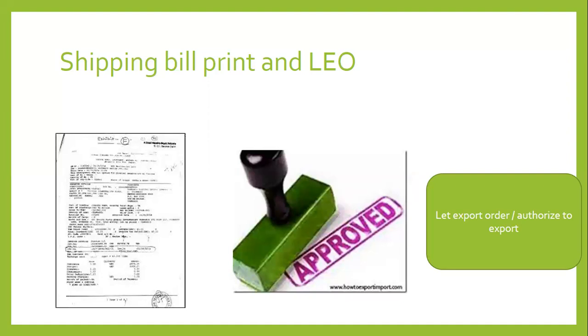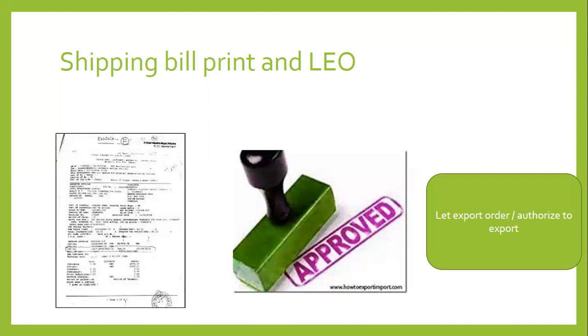Once you receive the Let Export Order, the LEO copy, from customs, you are fully authorized to export the goods. Before LEO, you are not legally authorized to export the goods.